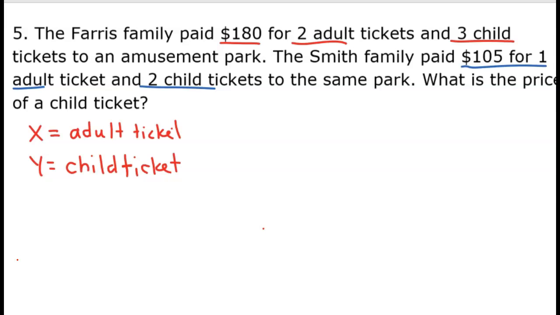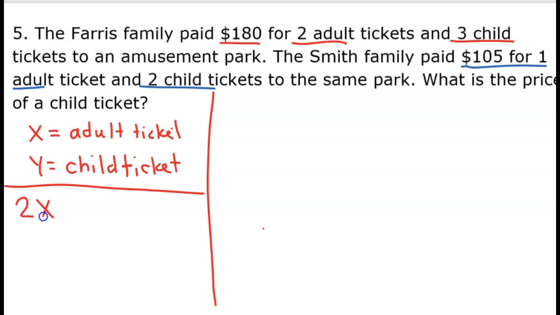And we have to write down the equations, and we're going to solve them. So, for the first family, 2 adult tickets, and we're going to use x for the adult tickets, and 3 child tickets equals $180.